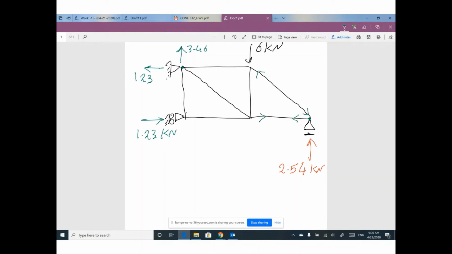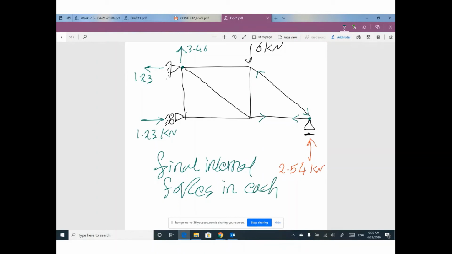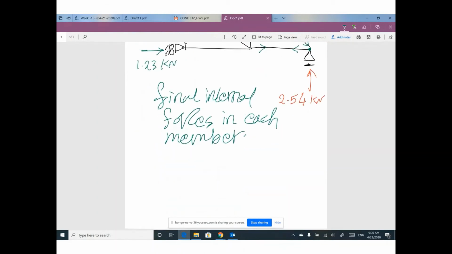I'm trying to solve this truss for the third time, which can give you the final internal forces in each member. Guys, the issue is we have an extra unknown.